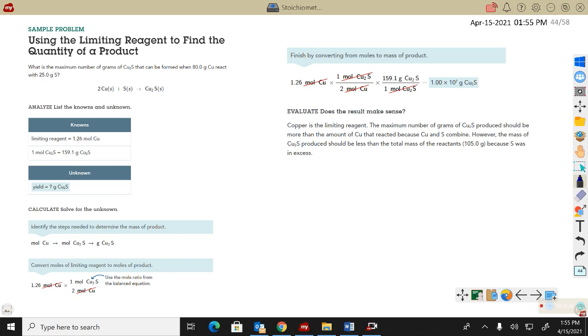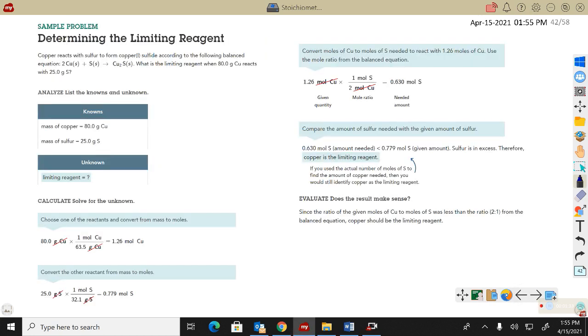So if I flip back like a page or so, they gave us this same initial problem, 80 grams of copper, 25 grams of sulfur, and earlier it just said determine the limiting reactant. And we said, well, okay, I want to use that 2-to-1 ratio from the balanced equation, but that's a mole ratio.